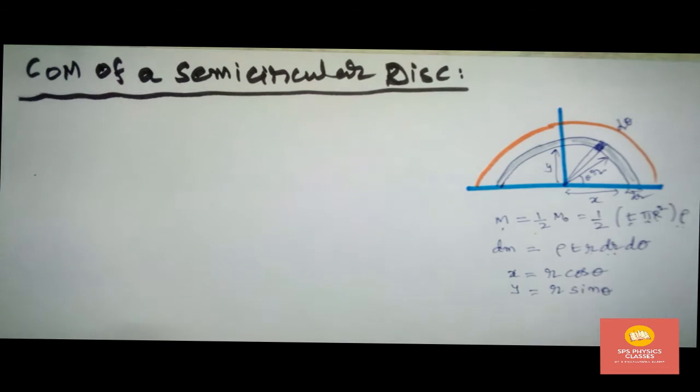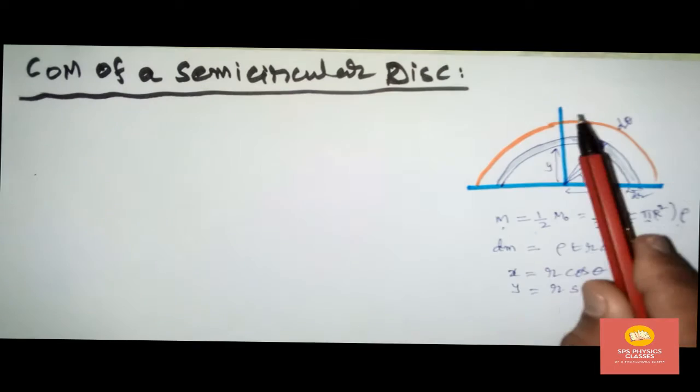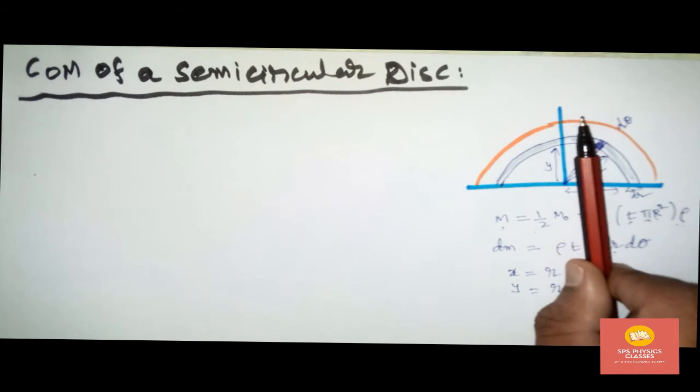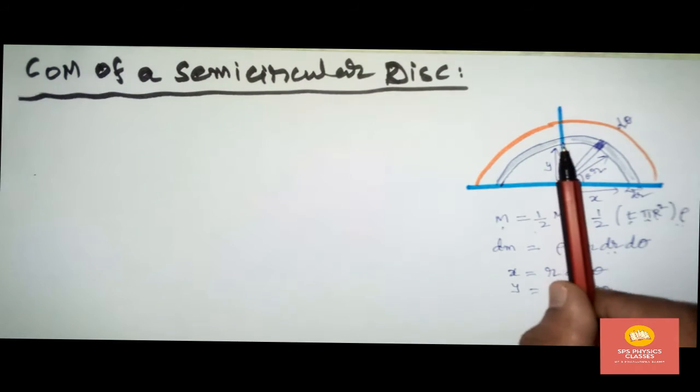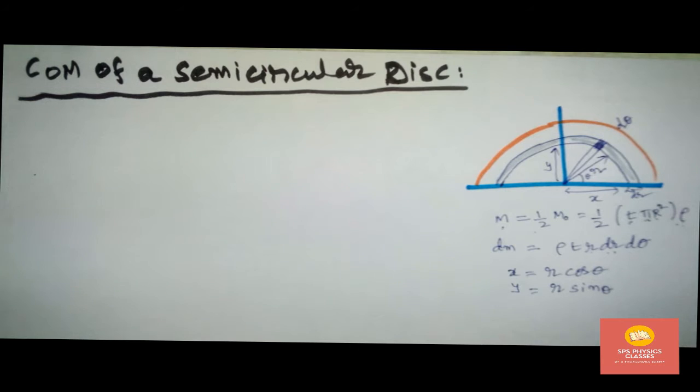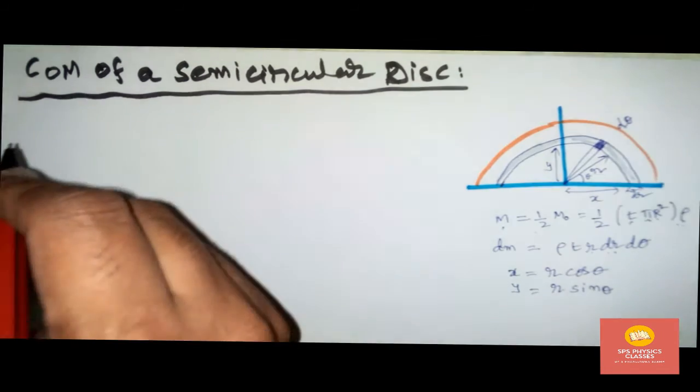No doubt this system has a center of mass x coordinate of 0, because there is a uniform distribution on both sides. So the center of mass exists only along the y axis. Therefore our aim is to find only YCM. Let us find the y coordinate of the center of mass of the system.